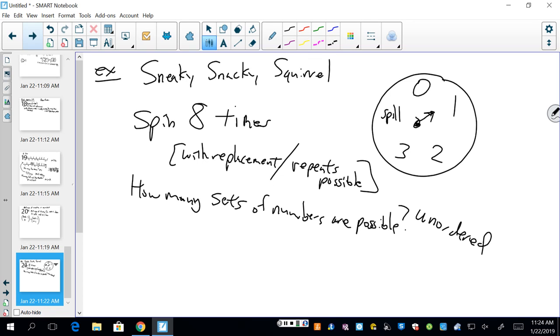So if this fits that Bose-Einstein formula, we have n equals 5 categories, or observations, 0, 1, 2, 3, and spill. I'm doing it 8 times. So how many ways is it possible?